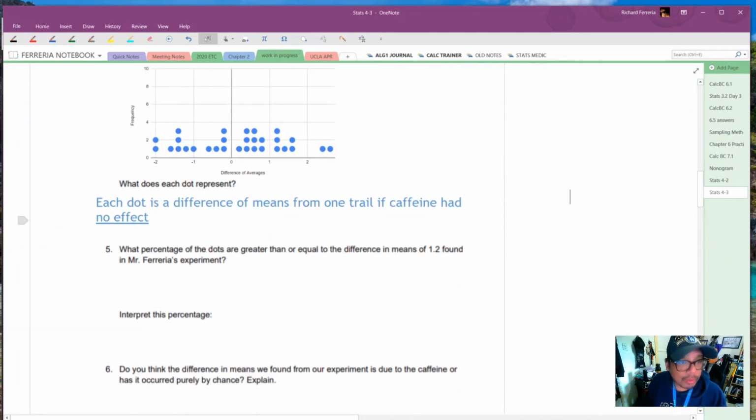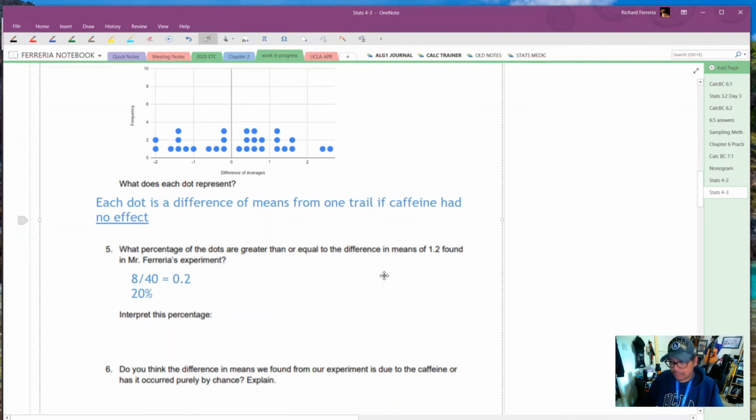Let's count. There is 1, 2, 3, 4, 5, 6, 7, 8. So that's 8 out of my 40 dots, which is 20%. 20% of the time, we got a difference of 1.2 or greater.